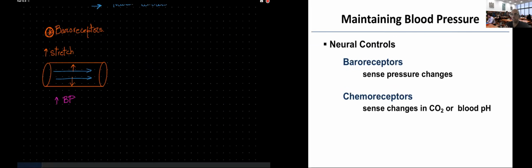If you are deciding right now, you did detect an increase in the blood pressure, would you be increasing the diameter of the vessel or decreasing the diameter of the vessel? Here, we're not looking at just one vessel, we're looking at all the vessels. This is a generalized control.